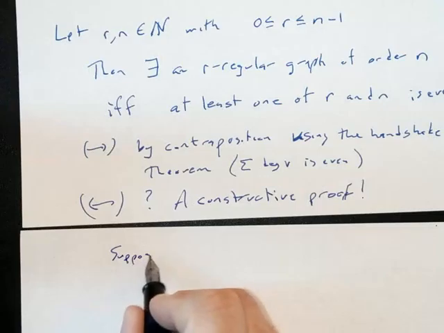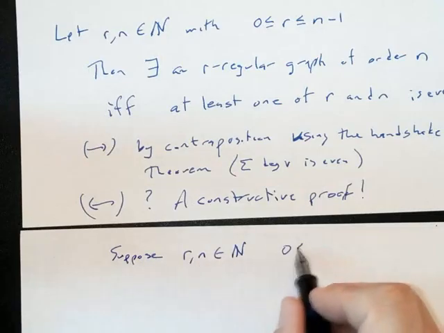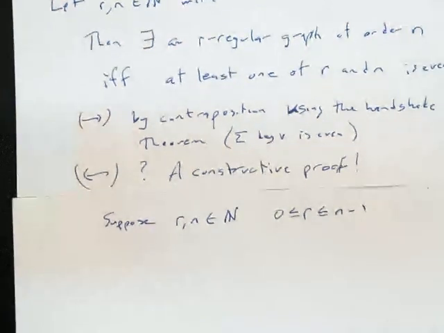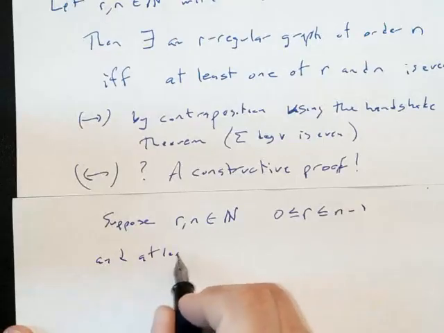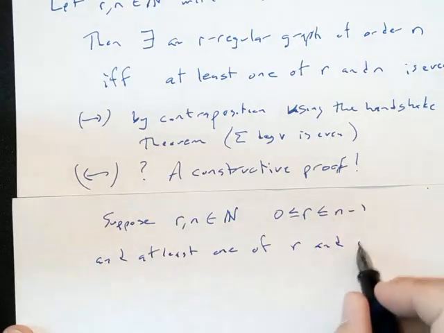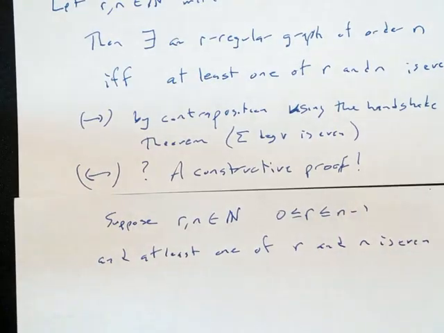Suppose r and n are numbers, r less than or equal to n minus 1, and at least one of r and n is even.